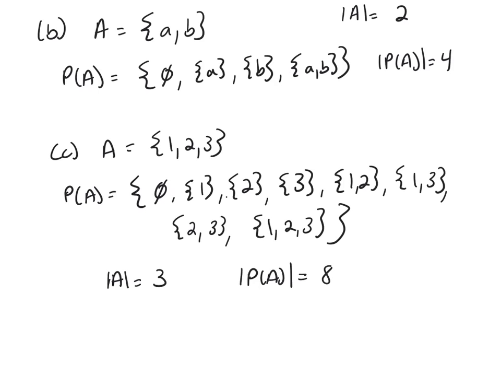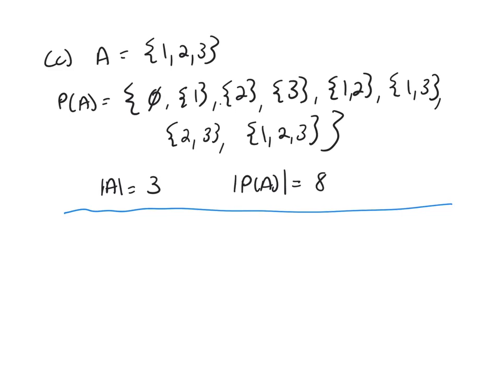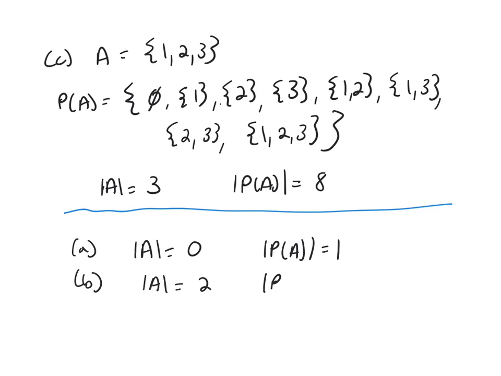So I do want to mention, let's review these past 3 problems and what we learned. So in problem A, the number of elements in A was 0, and the number of elements in the power set was 1. In B, the number of elements in A was 2, and the number of elements in the power set was 4.